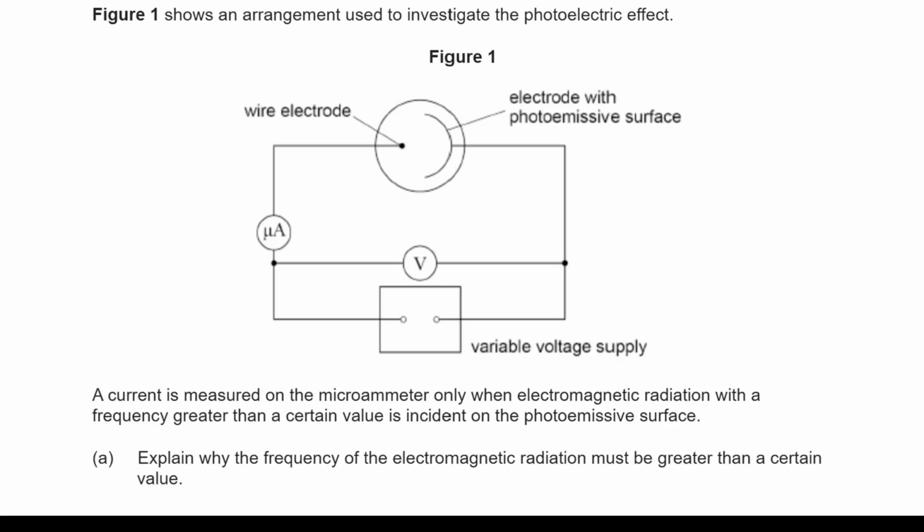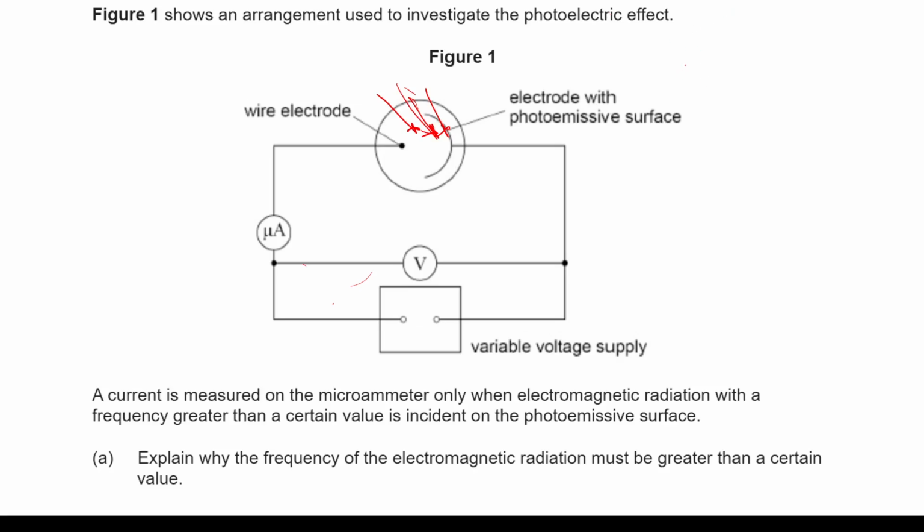Okay, let's see. A current is measured on the microammeter when an electromagnetic radiation with a frequency greater than a certain value is incident. Fine. What we're doing here is a light ray being incident. Explain why the frequency must be greater than a certain value. Okay, because what does a photon have to do?